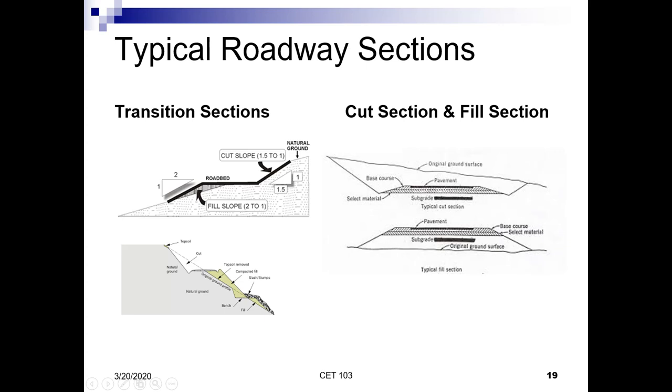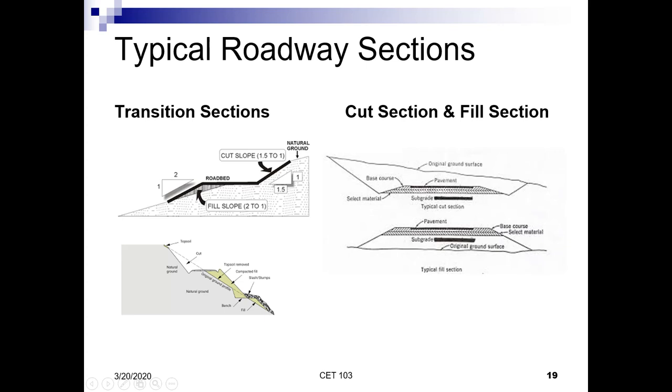Off to the left and the right-hand side, you will see what is called a cut and a fill section. The first one here being a cut section, you can see here is the existing ground or the existing elevation. The area below it is the finished or proposed finished grade, and this area in between will be cut away.